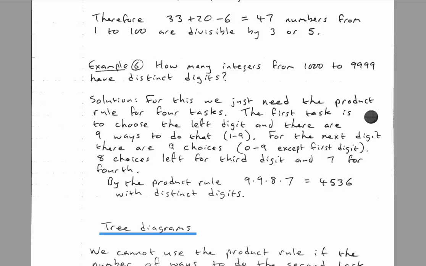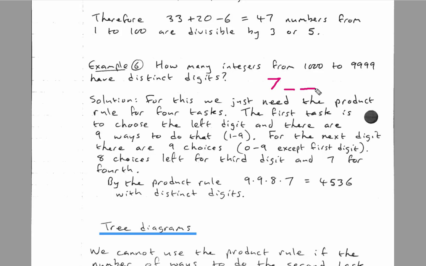For the next digit, I have to be careful. Now 0 is an option, 0 through 9, but we have to exclude the first choice. If we chose, let's say, a 7 for the first digit, then the next one is 0 through 9, but not 7.